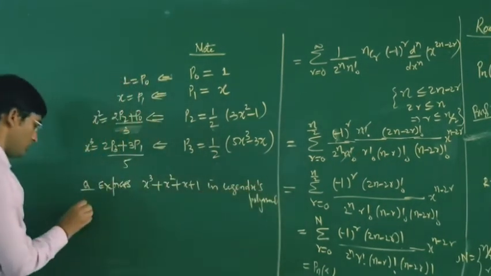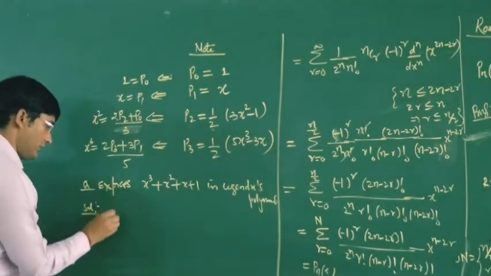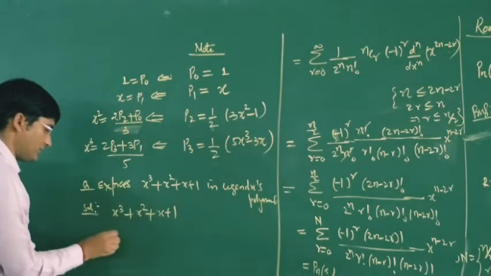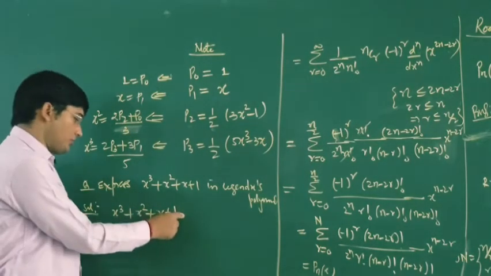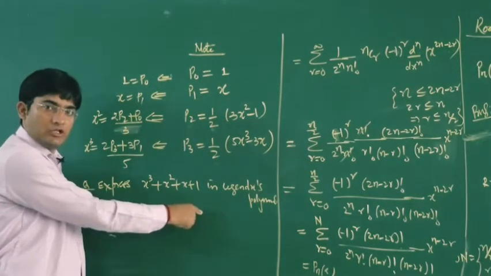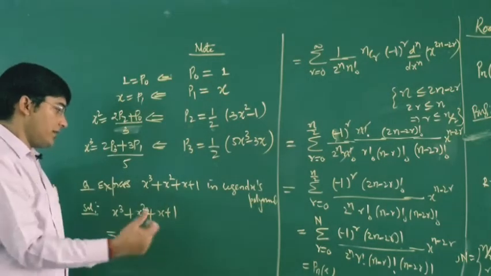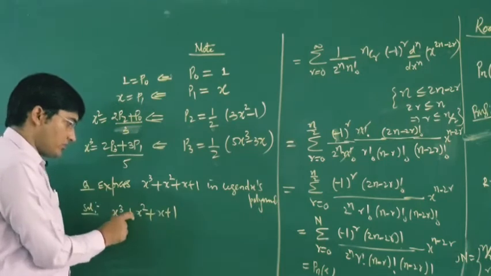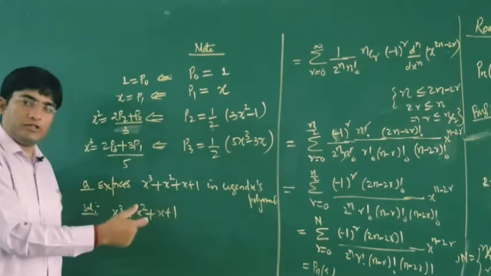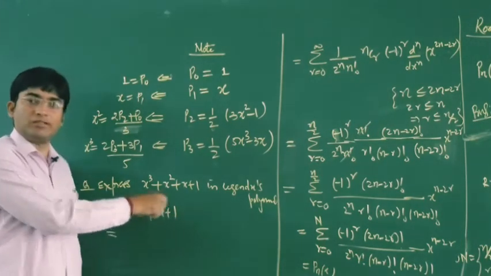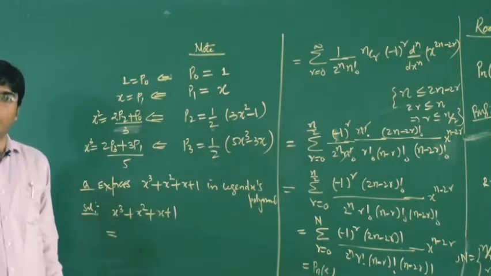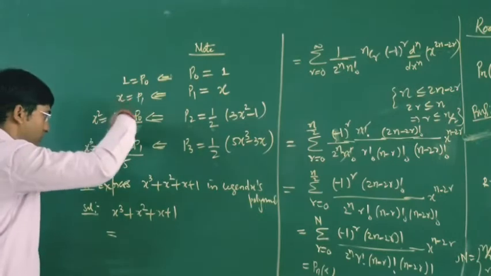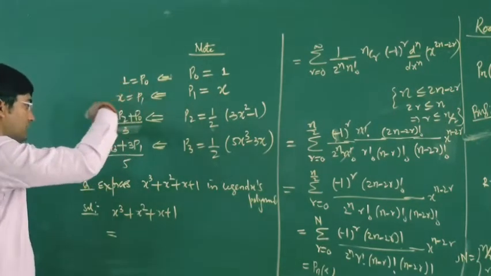Now here, you can write it as a3 P3 plus a2 P2 plus a1 P1 plus a0 P0, and then try to obtain the coefficients a0, a1, a2, a3. Or you can directly put the values of x square, x cube here.